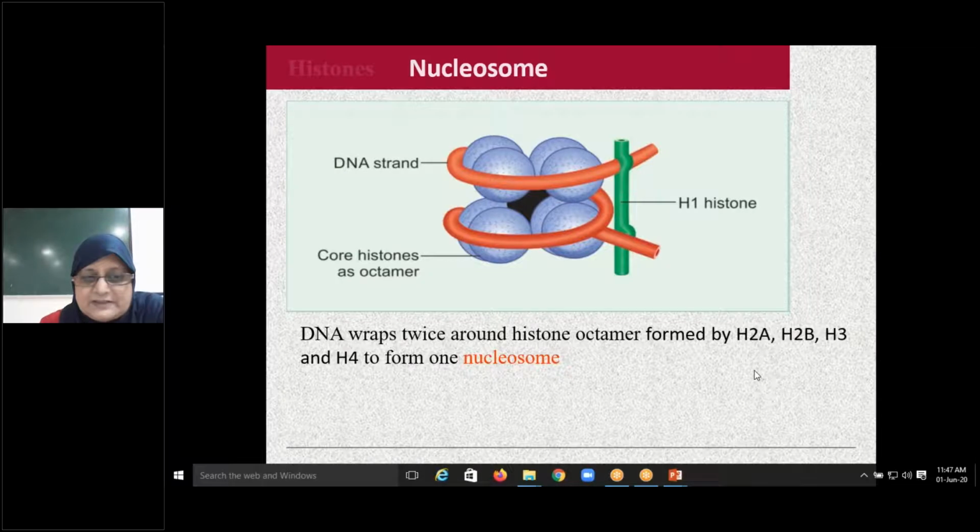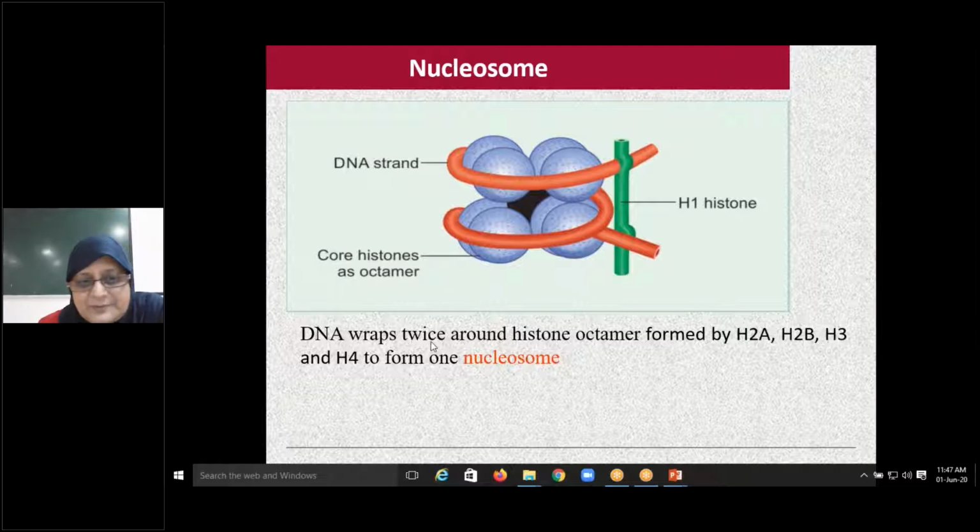Now this double helical DNA strand will wrap around twice around the histone octamer. That means 8 histone proteins will be wrapped together by this DNA strand. The histones participating in this wrapping are histone 2, histone 3, and histone 4, so histone 1 does not come into the picture.